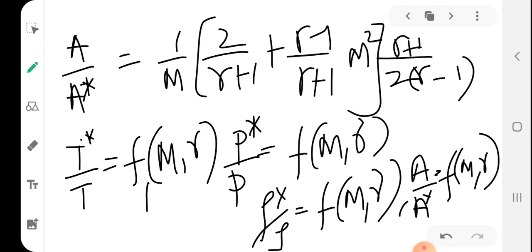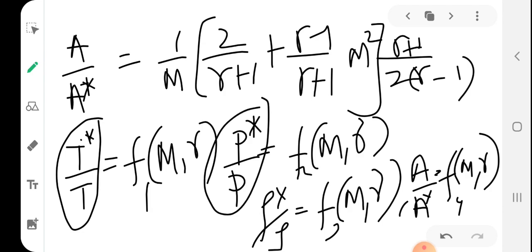So this is function 1, function 2, function 3, function 4. All these dimensionless ratios are made a function of Mach number and gamma. So if you merely know the value of Mach number and gamma of the particular state, you can easily find T star by T, P star by P, rho star by rho, and A by A star. All these ratios can be easily found if you know the Mach number, gamma, and the equation.